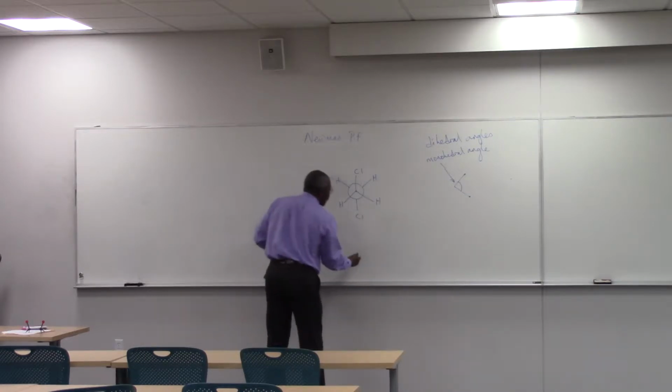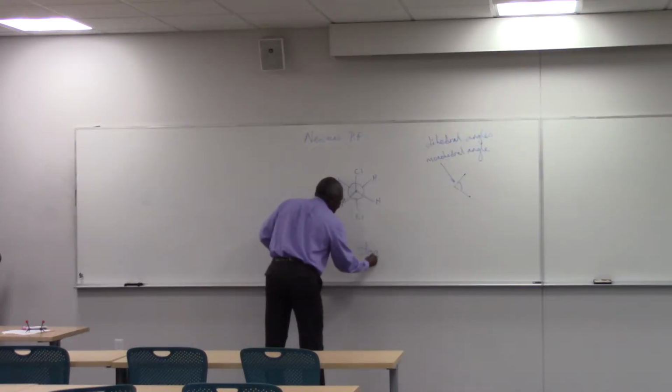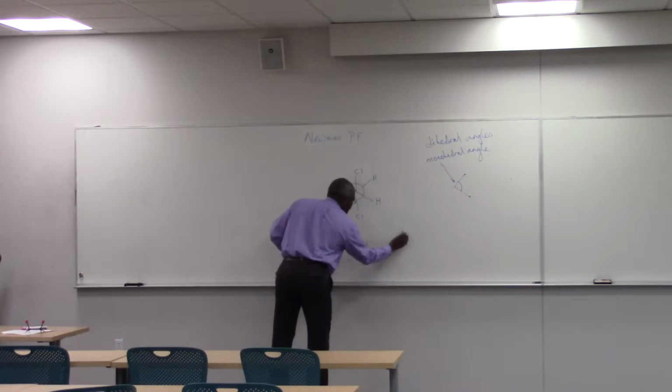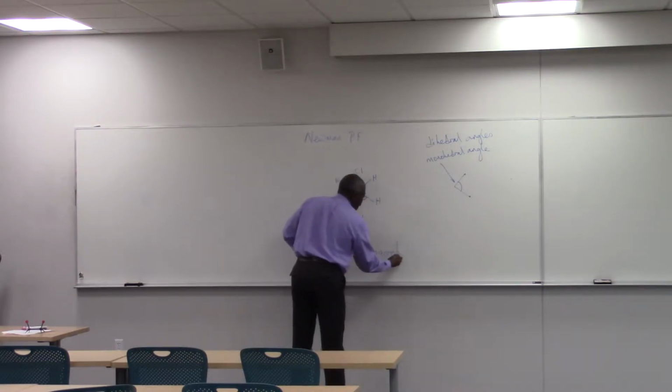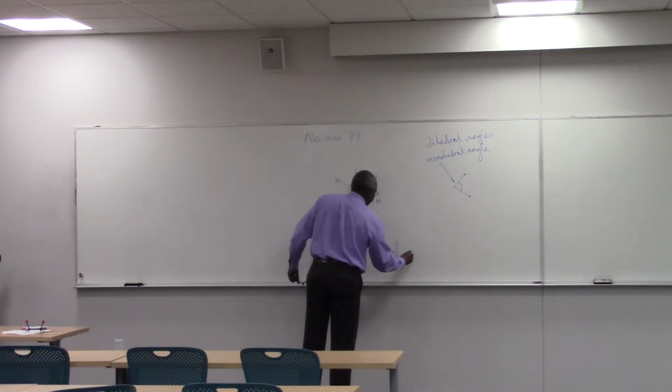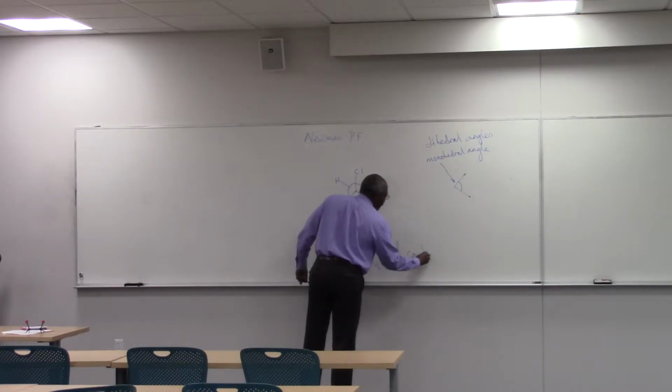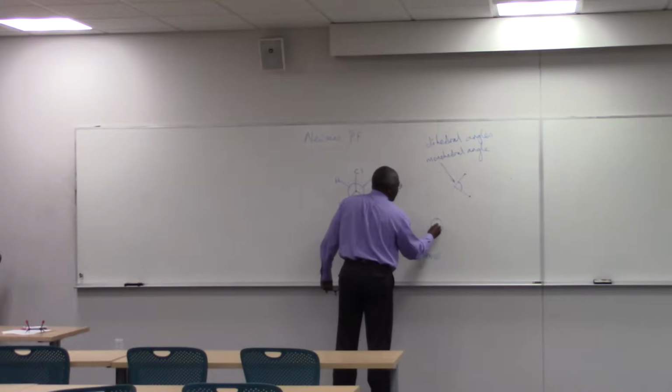So this is called a staggered conformer. And staggered conformers basically will look like this. Right? That's a staggered conformer.